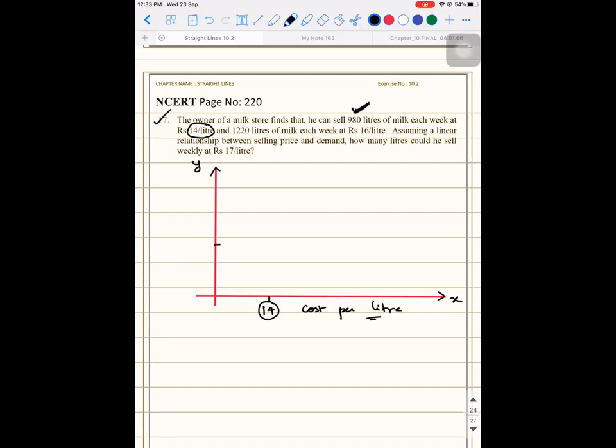How many liters will he be able to sell? 980. So what will be the coordinates of this point? 14, 980.